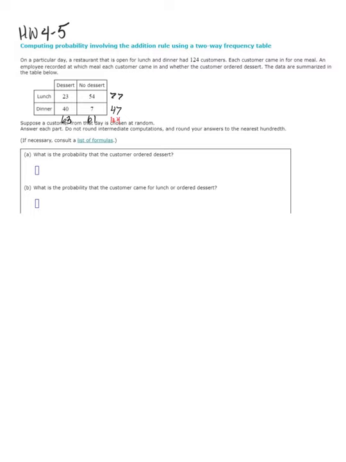So the question down here, what is the probability that a customer ordered dessert? Okay, so if we're looking at that, you have 124 customers that day. Tell you that up here. You can also get that from adding all these numbers here together.